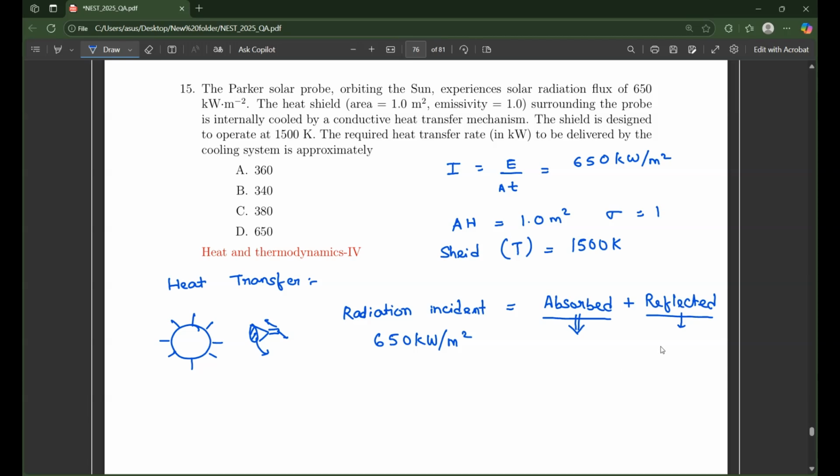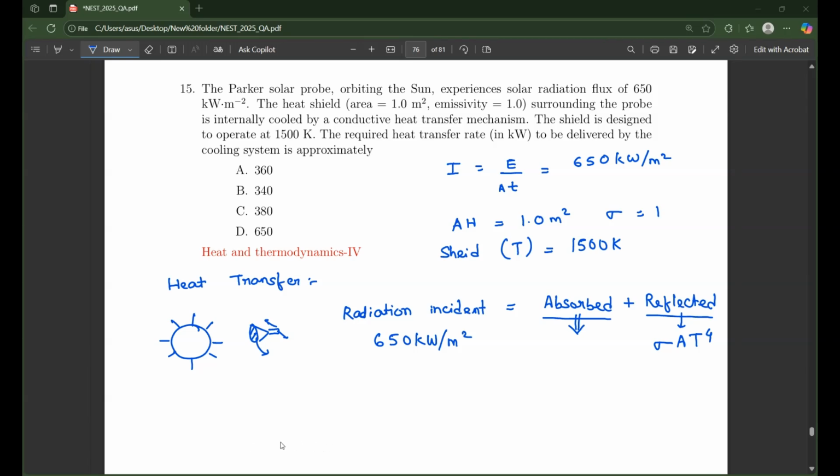For that we can use the Stefan-Boltzmann formula. This is the Stefan's constant, and the heat that is reflected is equal to sigma A T raised to power 4. By this formula we can calculate the amount of heat that is reflected or radiated by this Parker solar probe.